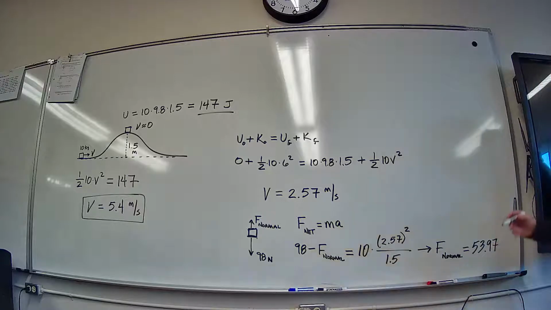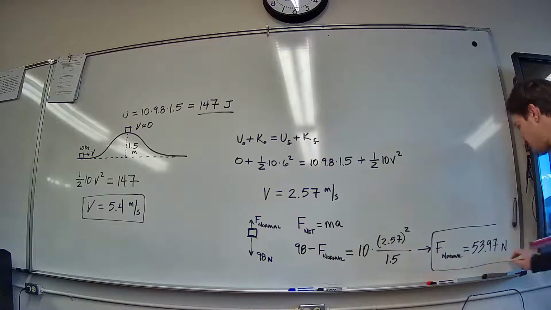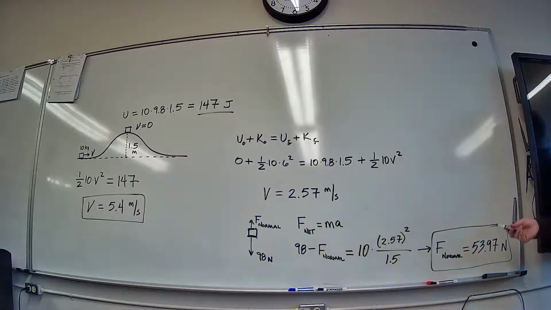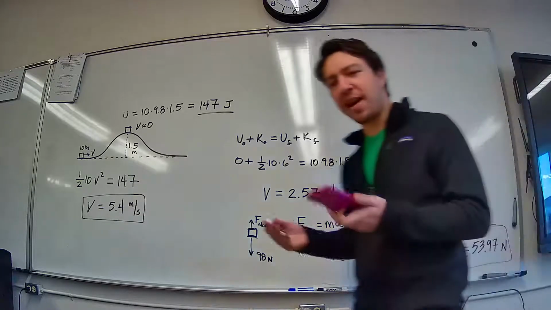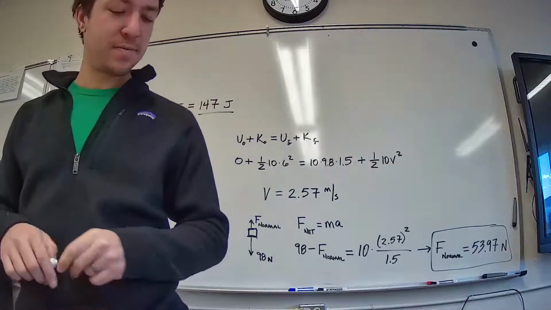Units for a force would be newtons. Which is a little bit more than half of his usual weight. He'd say, oh, I feel a little bit more than half as heavy as I usually feel. Okay, good to know.